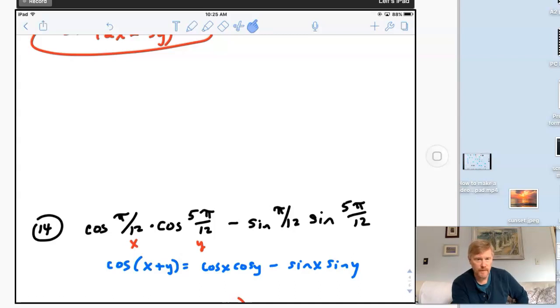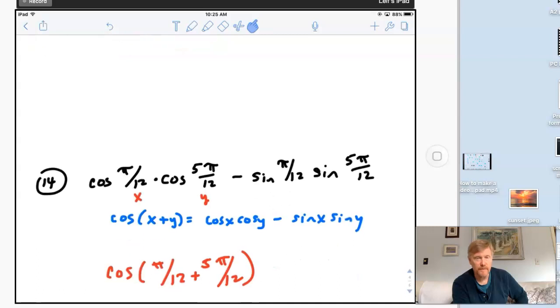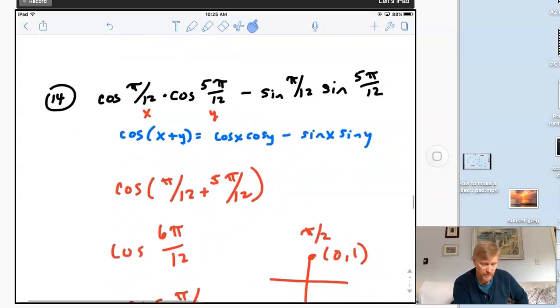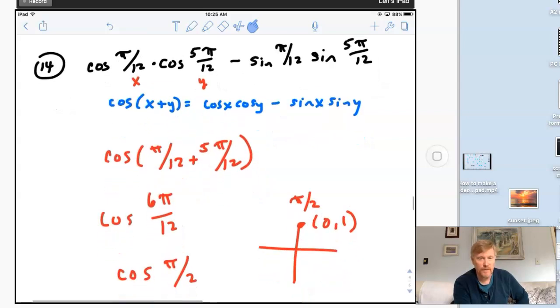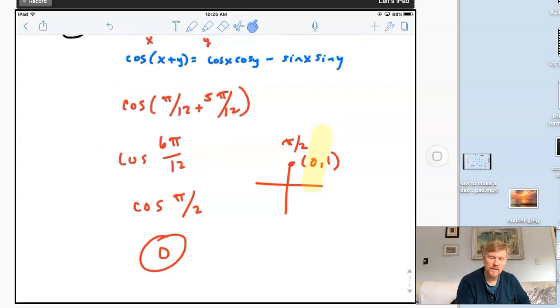So x is going to be pi over 12, y is going to be 5 pi over 12. If I add those two together, I get cosine of 6 pi over 12. And 6 pi over 12 is pi over 2, which means I'm looking at a corner angle, and the cosine is the x-coordinate, which is 0. And that's the answer. All right, that was nice.